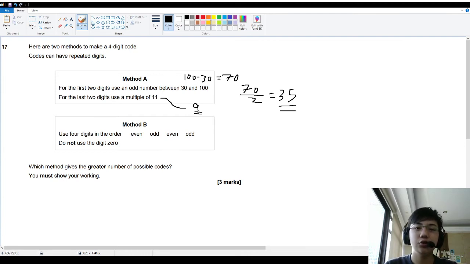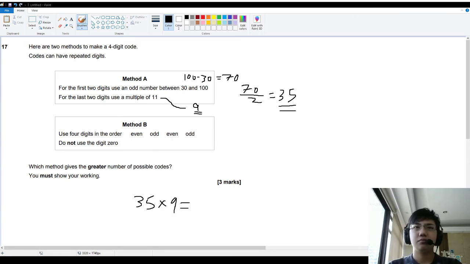So 11, 22, 33, 44, 55, 66, 77, 88, and 99. 9 multiples of 11 which are 2 digits long. So for method A, the number of different codes is 35 times 9.